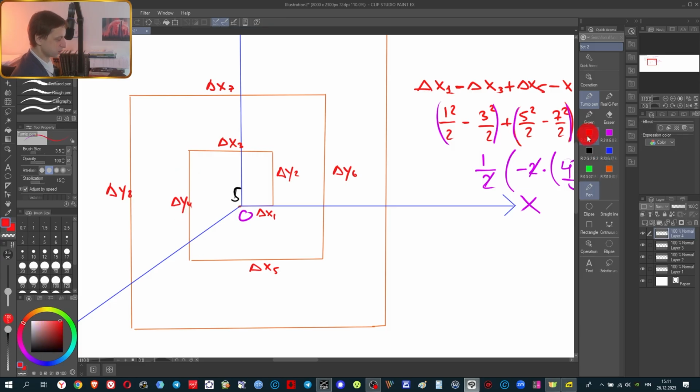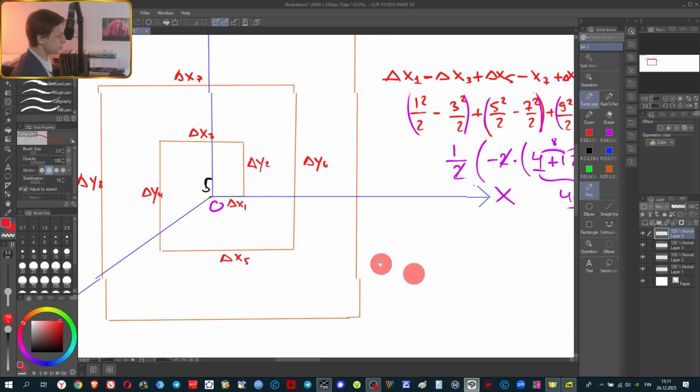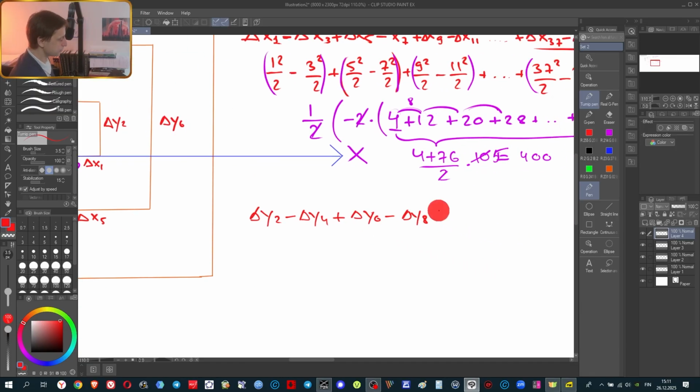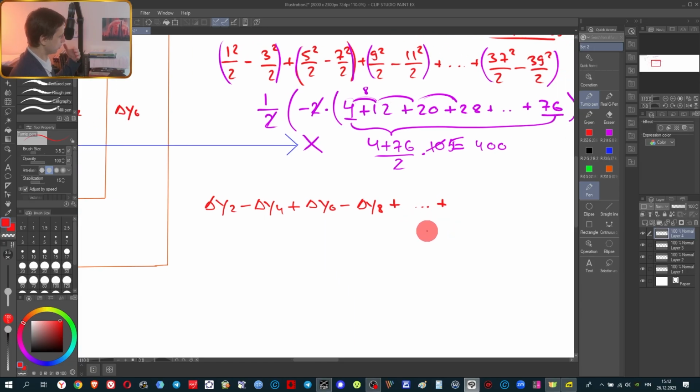So the total sum that reflects delta y displacement is delta y2 minus delta y4 plus delta y6 minus delta y8, and so on. So you understand how it works, and eventually, if we need to finish on 40, the last sum here will look like plus delta y38 minus delta y40.